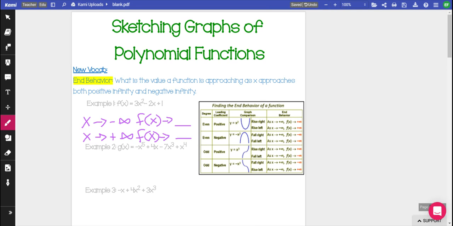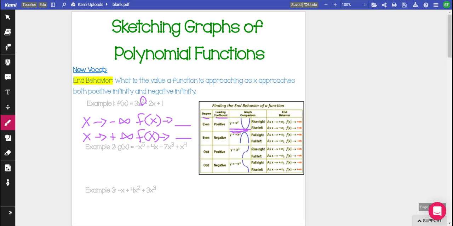So we have a little chart over to the right-hand side here that will help us out with that. Like I said before, we're going to be looking at the degree and the leading coefficient. Since here we're looking at a second degree polynomial with a positive leading coefficient, just like we would have anticipated anyways, we know really what our graph's going to look like.